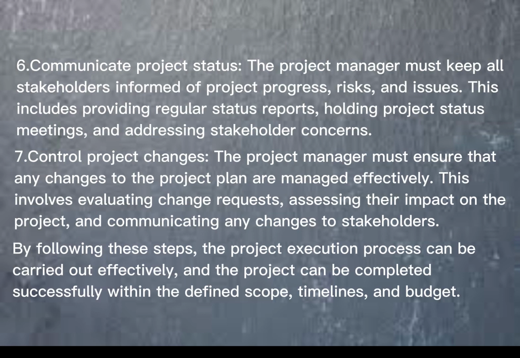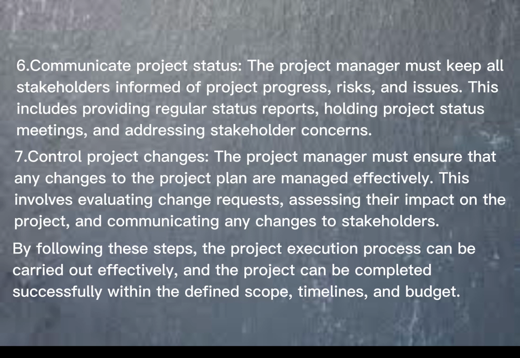6. Communicate project status. The project manager must keep all stakeholders informed of project progress, risks, and issues. This includes providing regular status reports, holding project status meetings, and addressing stakeholder concerns. 7. Control project changes. The project manager must ensure that any changes to the project plan are managed effectively.